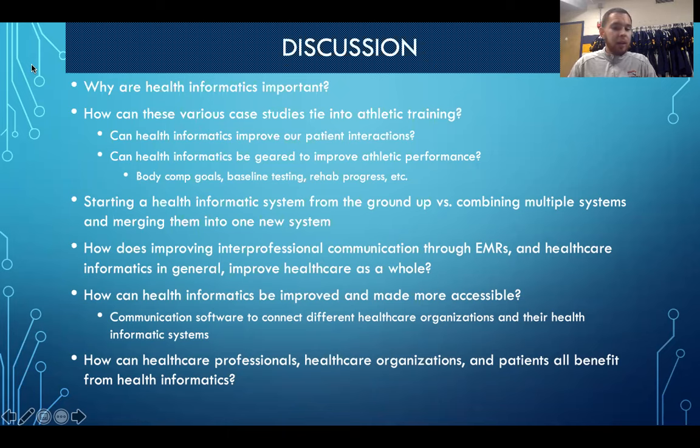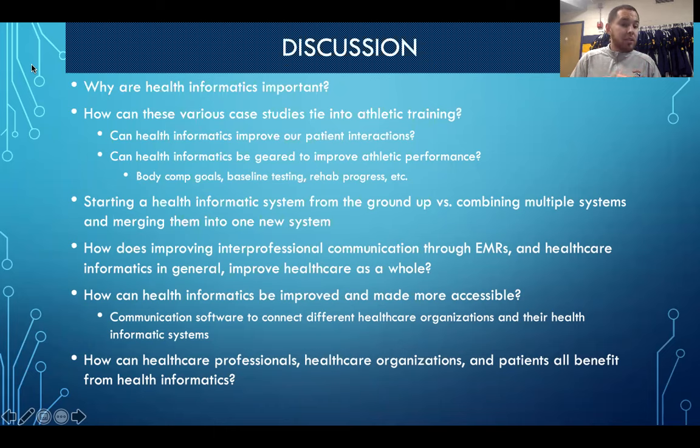And then lastly, how can healthcare professionals, healthcare organizations, and patients all benefit from health informatics? As we saw in the diabetes prevention program, the healthcare professionals benefited because they were able to provide better treatment to their patients, and health informatics provided them with better data than maybe they had previously and analyzed it for them, saving them time.